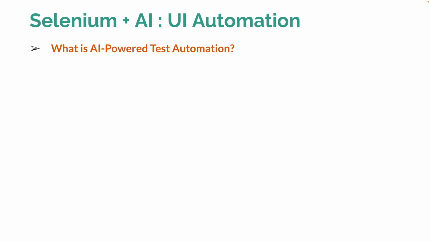But before starting with the definition, let me tell you that traditionally Selenium-based testing has depended on manually written scripts. If you have already learned Selenium, then you know what that means.